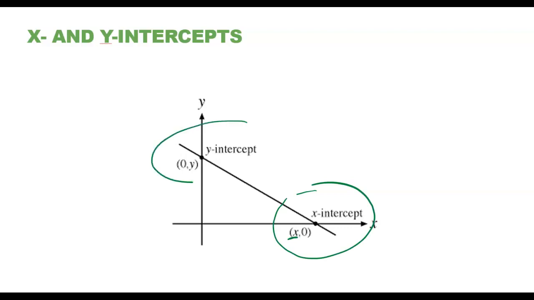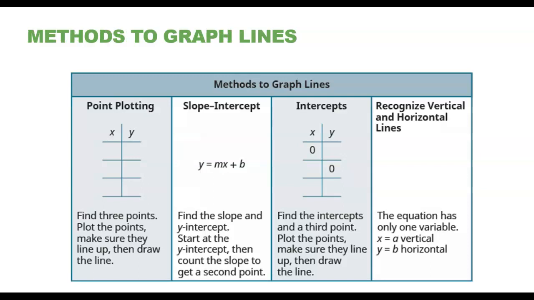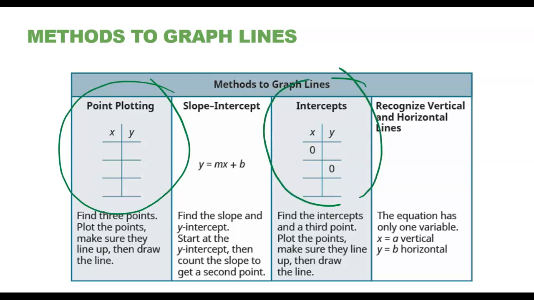And the y-intercept will always have x equals 0 and some value for the y-coordinate. Today we learned how to graph a line by several methods: point plotting and intercepts. We'll look at more methods next time in class.